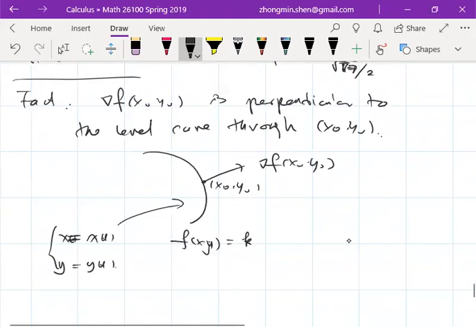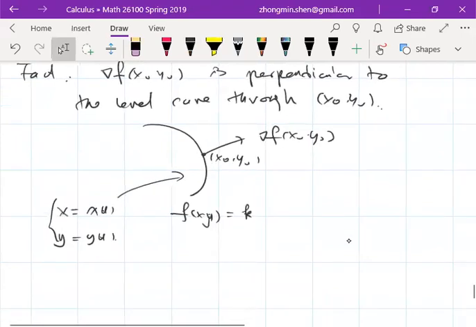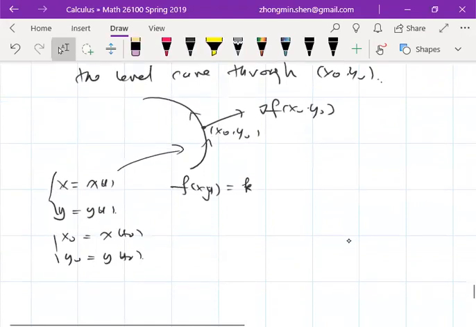You can always find a parametric equation for that. So x naught is going to be this, y naught is going to be this. When it's going through like this, find an arbitrary parametric equation for the curve.